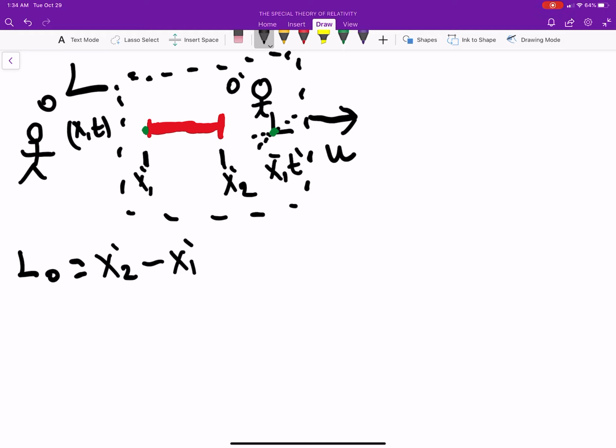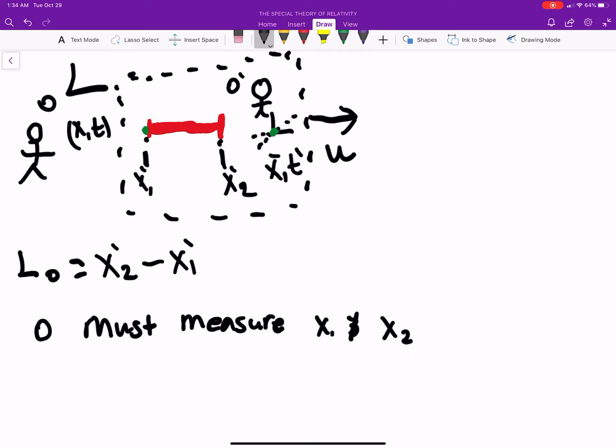Now O, first off, must measure the two ends, so here and here, must measure x1 and x2 at the same time. Now, why is that? Because if, let's say, O measures here, and then he decides he's going to look out the window for a little bit, and then he wants to measure this part, well, this whole system is moving.